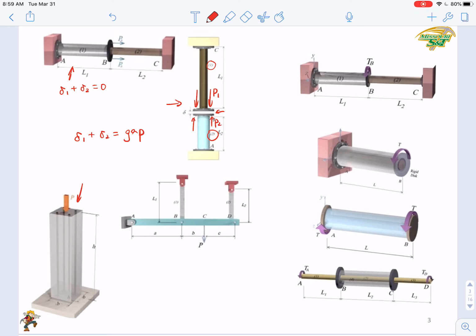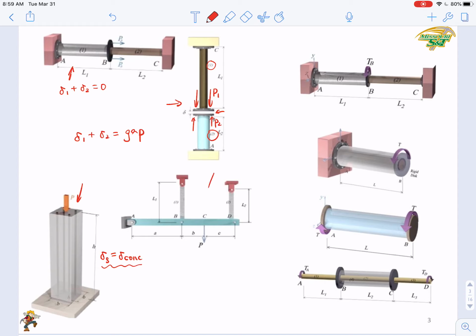No interfacial friction or interfacial sliding is allowed in our assumption, right? So the deformation of steel and the deformation of concrete always equal each other. Since no interfacial sliding is allowed, they will always have the same deformation. So this is the compatibility condition in this case.